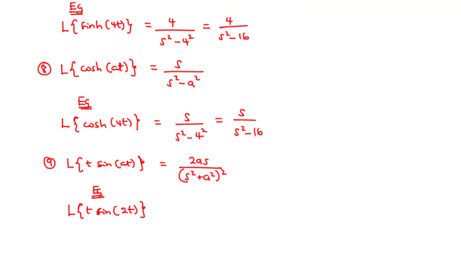Now this is equal to 2 times a, which is 2, times s, divided by the denominator s square plus a, which is 2, so 2 square, all square. This is equal to 4s over s square plus 4 all square. So this is the Laplace transform of t sine 2t.